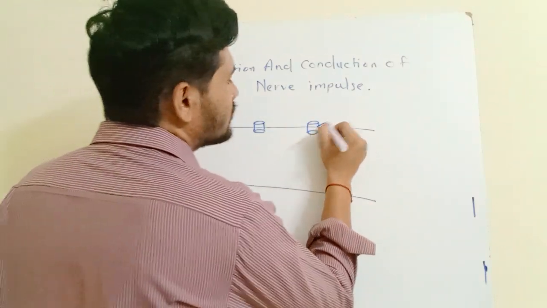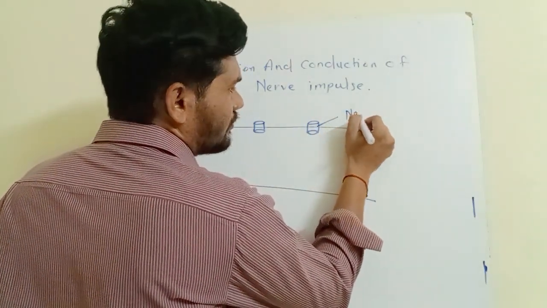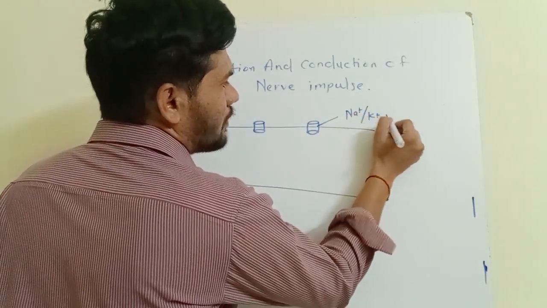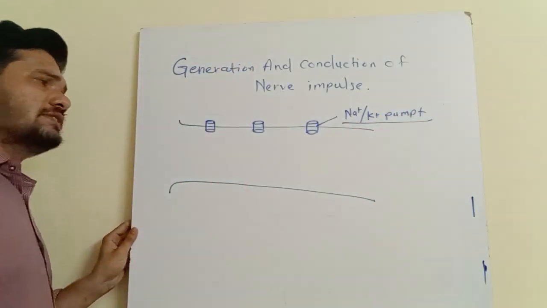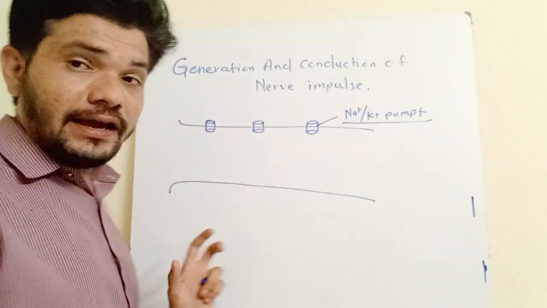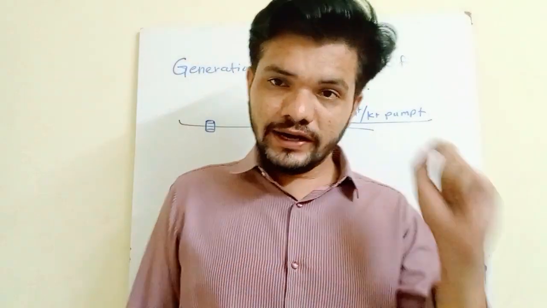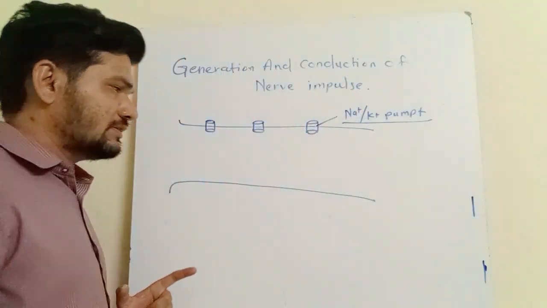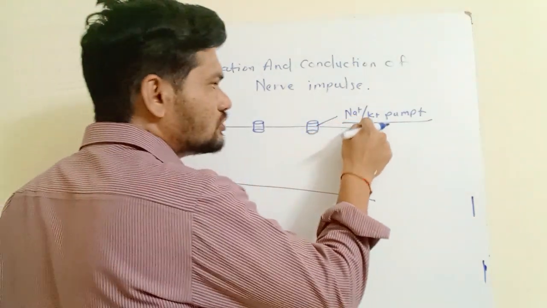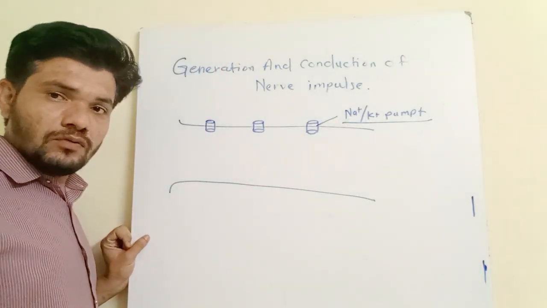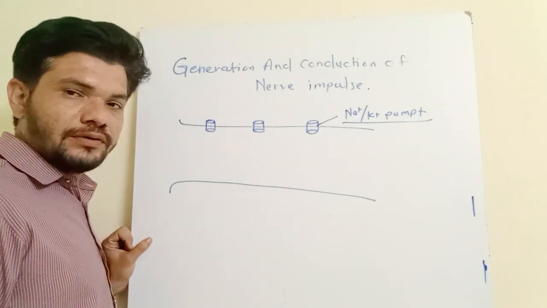These are called sodium Na plus K plus pump. So suppose this neuron is not conducting any impulse. So it is in the polarized state. How is it in the polarized state? Because of these sodium potassium pumps. What are these sodium potassium pumps doing?